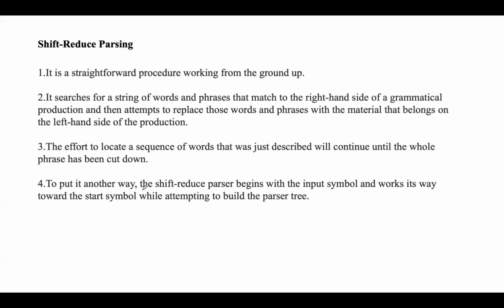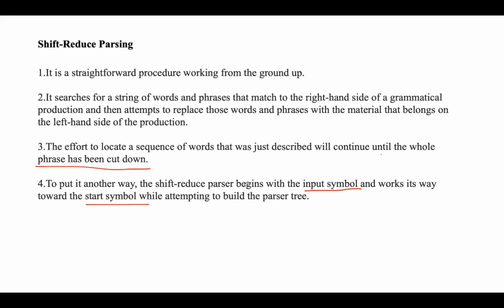So it will always search for a string of words and phrases that match the RHS of a production. This process will continue until we reach the start symbol. To put it another way, the shift reduce parser begins with the input symbols and works its way towards the start symbol while attempting to build the parse tree.